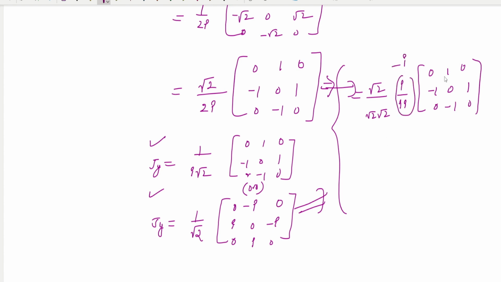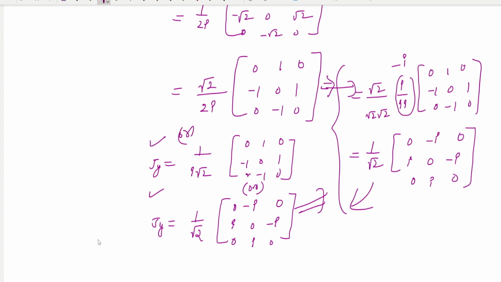Then you multiply by minus i. This is 1 divided by root 2 times 0, minus i, 0; i, 0, minus i; 0, i, 0. So this is the answer. Both are correct. Don't worry.